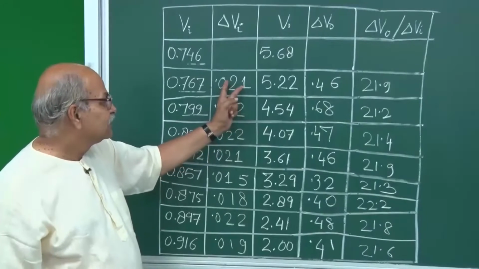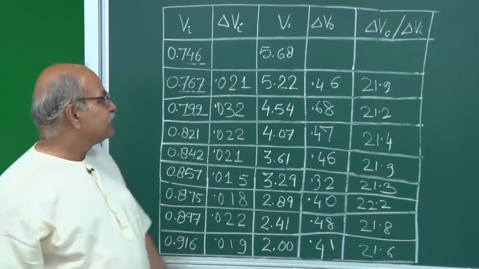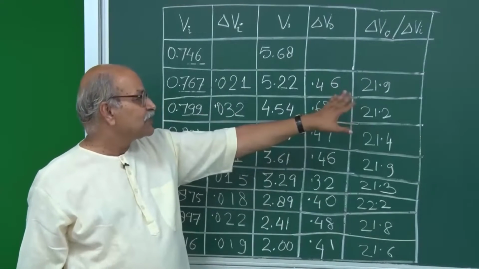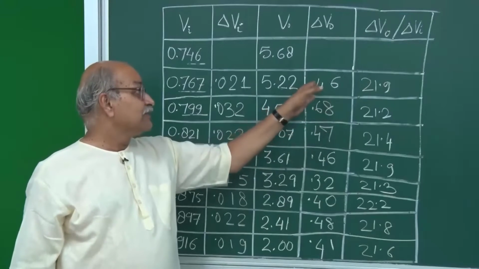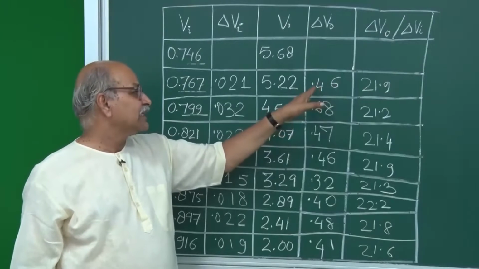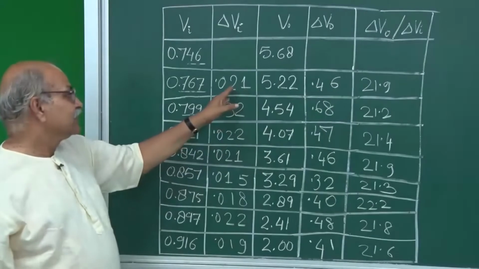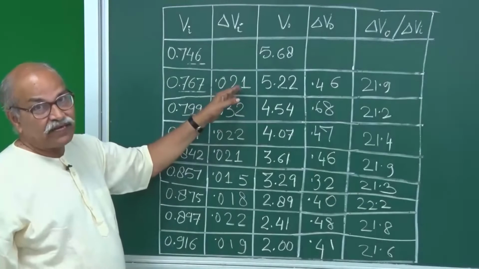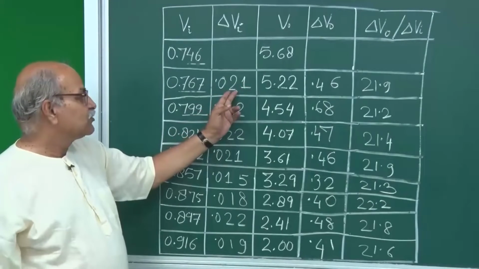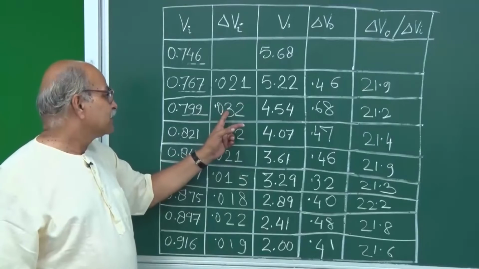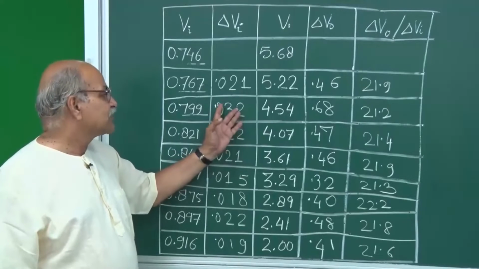Similarly, there can be an error of 0.02 here, but that error will be small because it is in 0.46. Here that error can be very large. For example, in this it could be up to 10%. Here it will be less, it is 2 in 32, so about 6%, and so on.